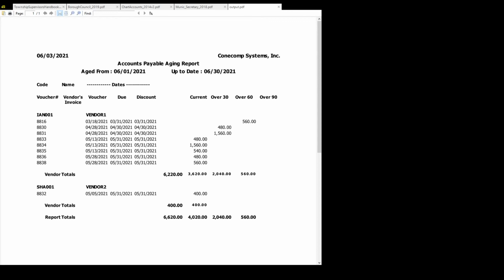It lists the various vendors, in this case, the open vouchers, and how old they are. And the age is staggered by column. If it's current, if it's over 30 days old, or if it's over 60 days, and again over 90 days. Now that's useful in accounts receivable, just to keep an eye on your customers if they start getting too late.